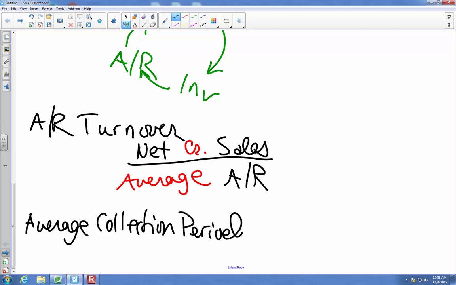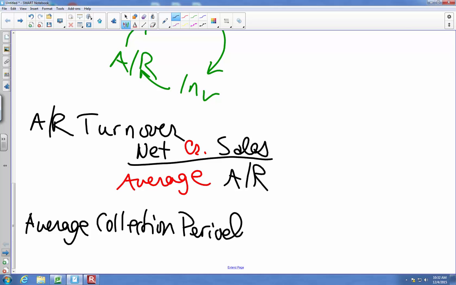Okay, let's just say I'm going to tell you all my sales are on account. I don't do any cash sales. Second piece of this, how are you going to get average AR? Yeah, take beginning and ending balance and divide by 2.